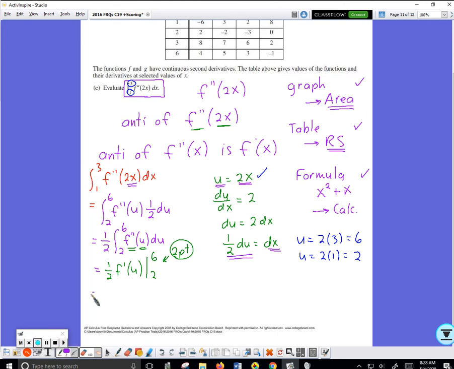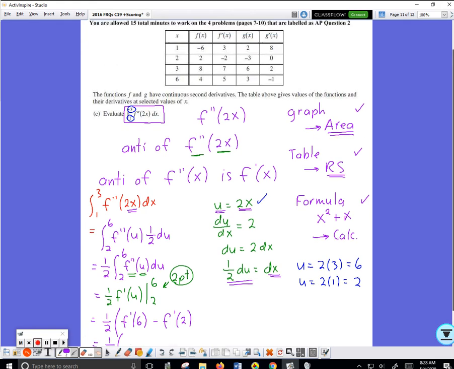So this is going to equal 1/2. The 1/2 is a multiplying constant, so it can be factored out. And then we have f prime of 6 subtract f prime of 2. Now it's just table lookup.